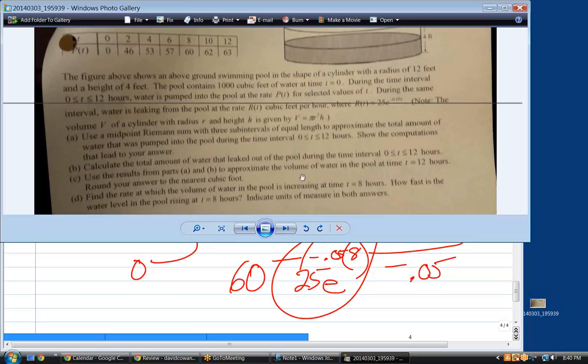No, that's not what I meant to say. In part A, we calculated the total volume of the water that went into the pool. In part B, we calculated the total amount that leaked out. So by subtracting those two numbers, we should figure out how much was added.